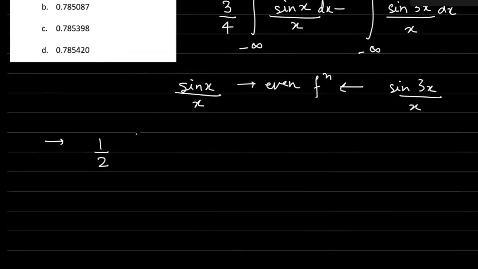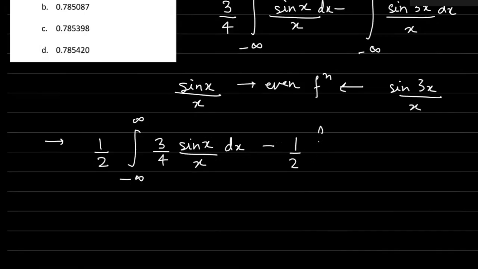So we can increase the integral and let it range from minus infinity to plus infinity. And this will become 3 by 4 times integral of sin x by x dx minus half of integration sin 3x by x dx, infinity to minus infinity. Okay.